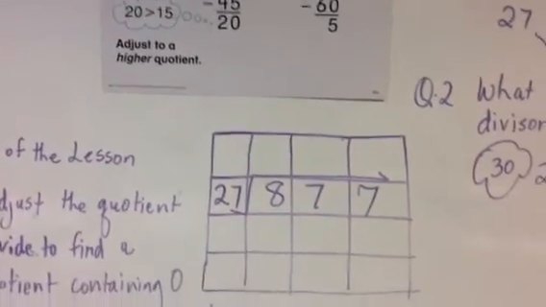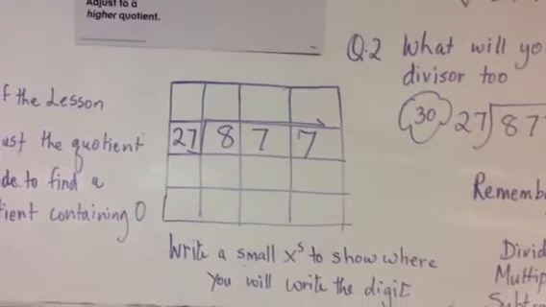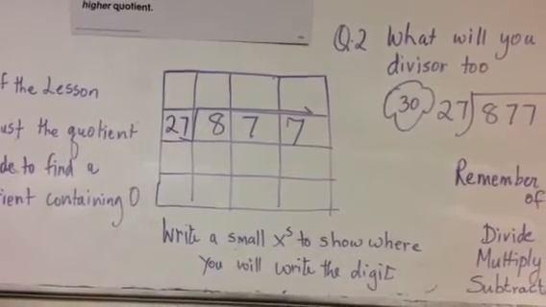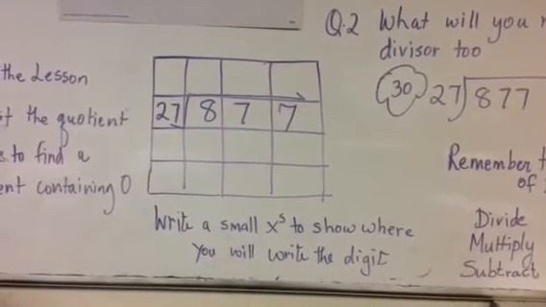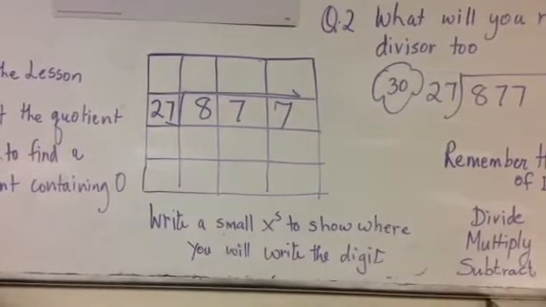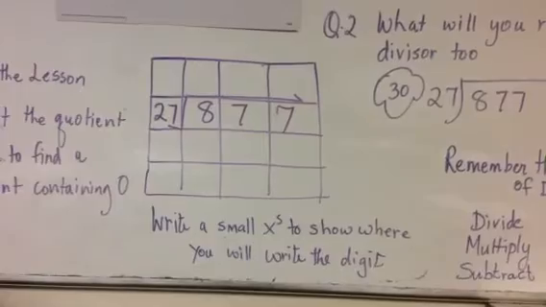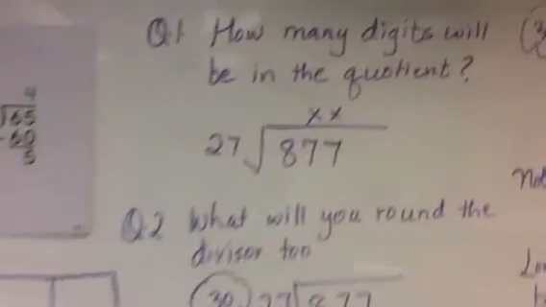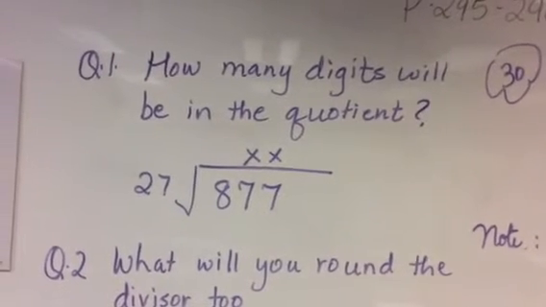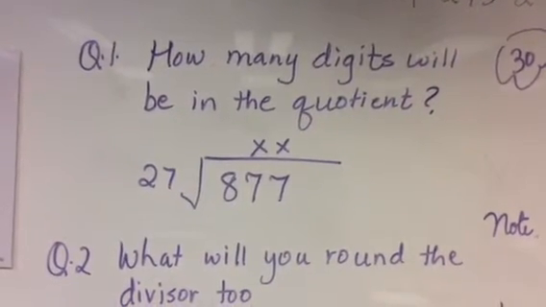That's what you learned yesterday. And there is a question here. Look at the division problem. 27 divide into 877. Write a small x to show where you will write the digit. How many digits will be in the quotient? There will be 2 digits in the quotient.